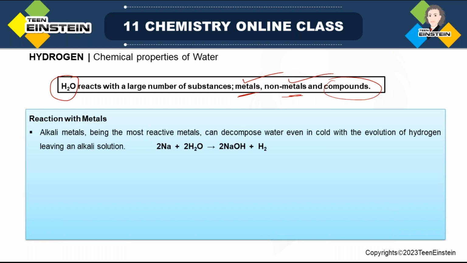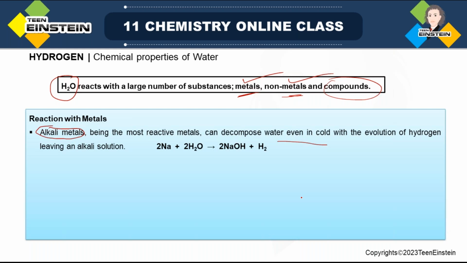Now, when we are talking about metals, first we will see the alkali metals, that is, the most electropositive metals. As they are very reactive, they will be decomposed in water even in cold condition. That is why if you touch sodium, lithium, or potassium with water, there will be an explosion type of reaction. It is very vigorous.